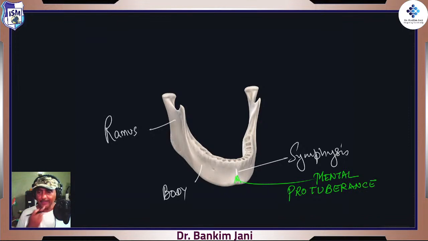And just over here, that's the prominence, so you can even feel it. That is the mental protuberance. Let's erase this so that you can see this clearly. Now it is seen fine. So I just put it over here. Symphysis you already know, so no worries. That's the joint in between, and the prominence on that joint is the mental protuberance.